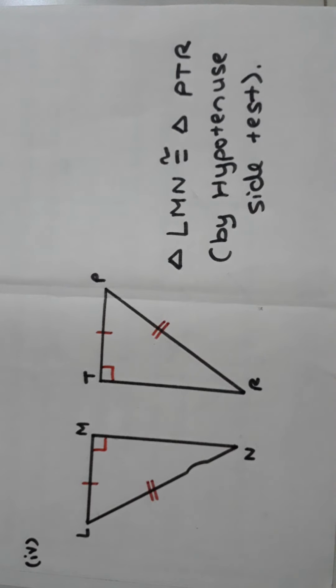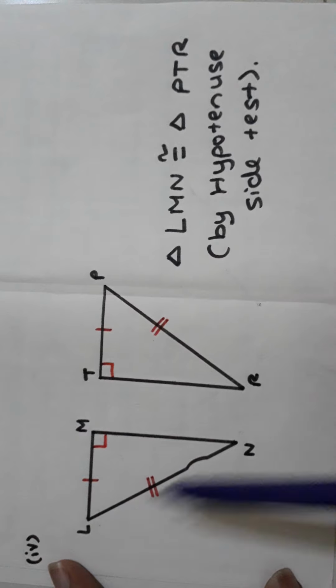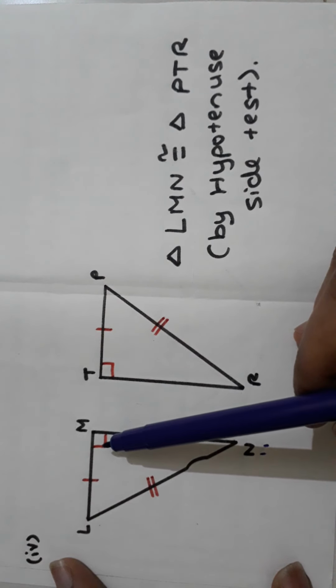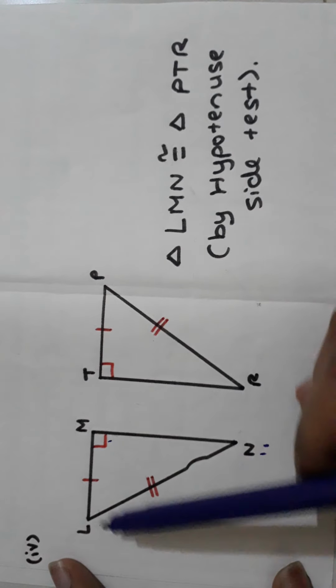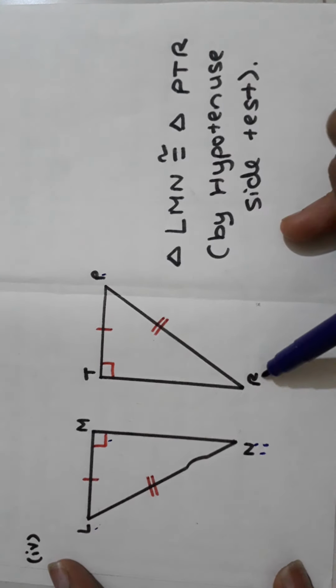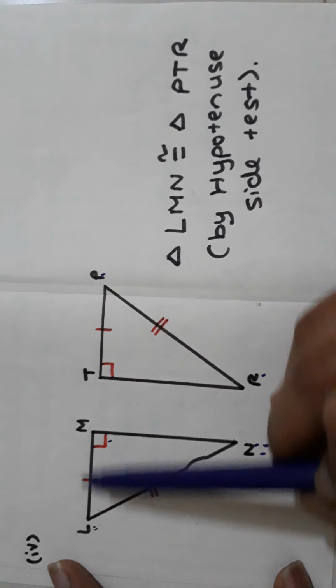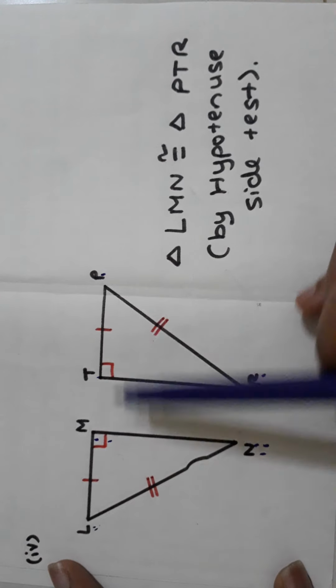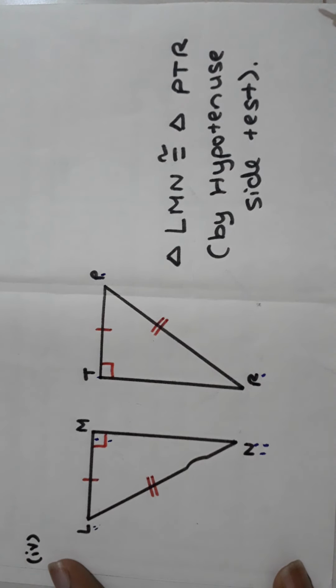Now in the figure you can see that hypotenuse LN. Now LN is a hypotenuse because it is a side opposite to 90-degree angle. So here LN is congruent to hypotenuse PR, and one of the sides LM is congruent to PT. So that means both the triangles are congruent by hypotenuse side test.